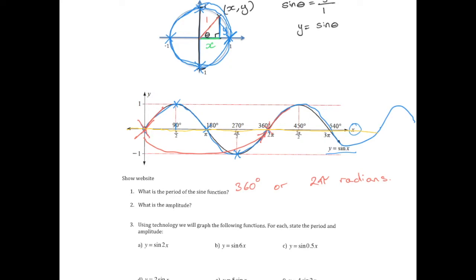So, what is the length from there to the maximum? That vertical length is 1. So the amplitude is 1 because the length from the principal axis to the maximum point is 1, or even here, the principal axis to the minimum is 1. How's everyone going?